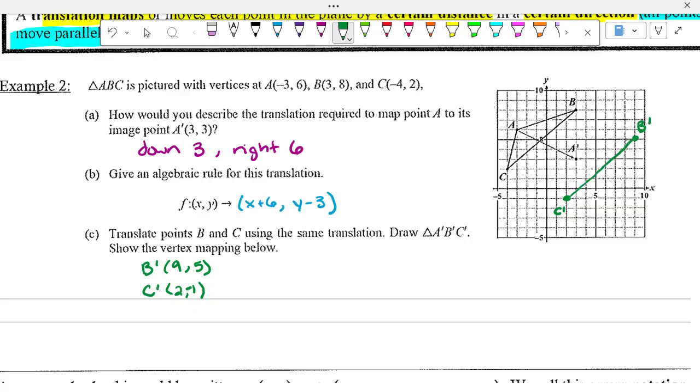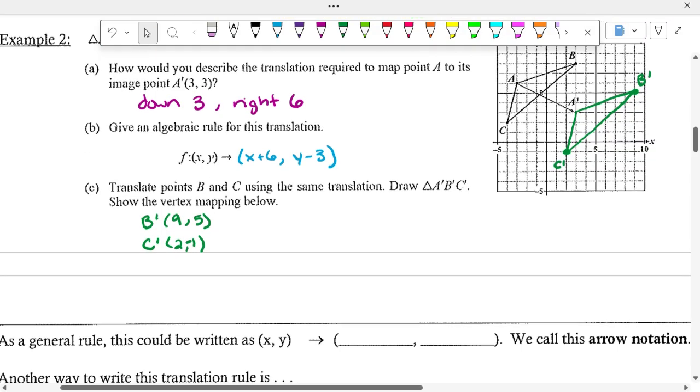And that is the point 9, 5. If I connect all 3 points, we have the triangle. Does that triangle look exactly the same as the original? Yes, same orientation and everything. Any questions on that one?